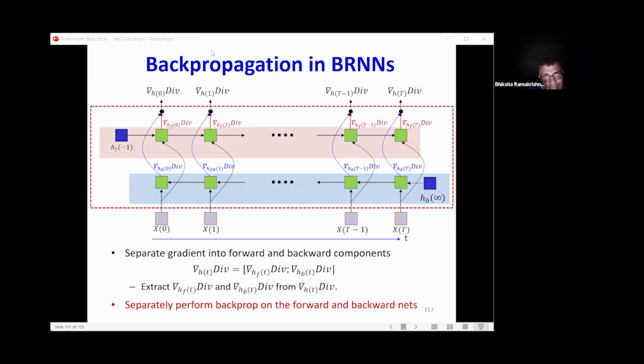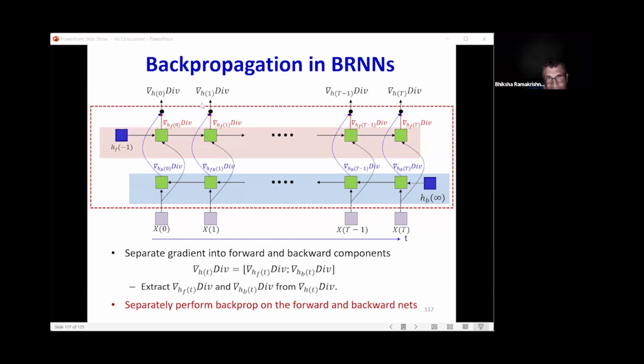Yes or no? Okay. When you come back, the derivative of the divergence over here is going to have as many components as the output of the layer. So it would have 6 dimensions also. Yes or no? Yes. And the first 3 components are therefore attributable to the forward layer, and the last 3 components are attributable to the backward layer, right?